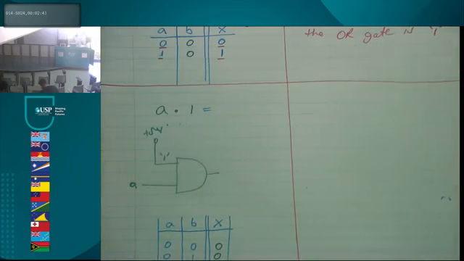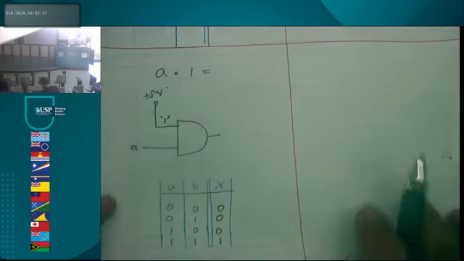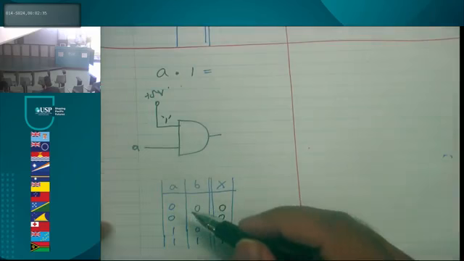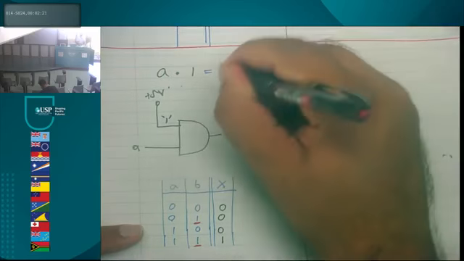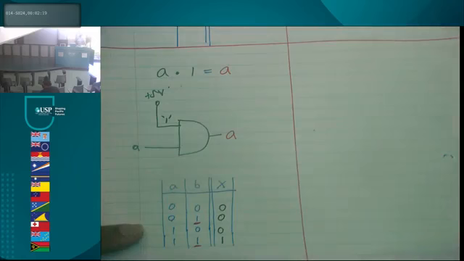All right, now have a look at this, guys. When you have a 1, so A, let's leave A as is. Whenever you have a 1 in the table on the B side, what is the output? The output is the same as A. Yeah? Whenever you have a 1. So that is A. So what can you say over here?